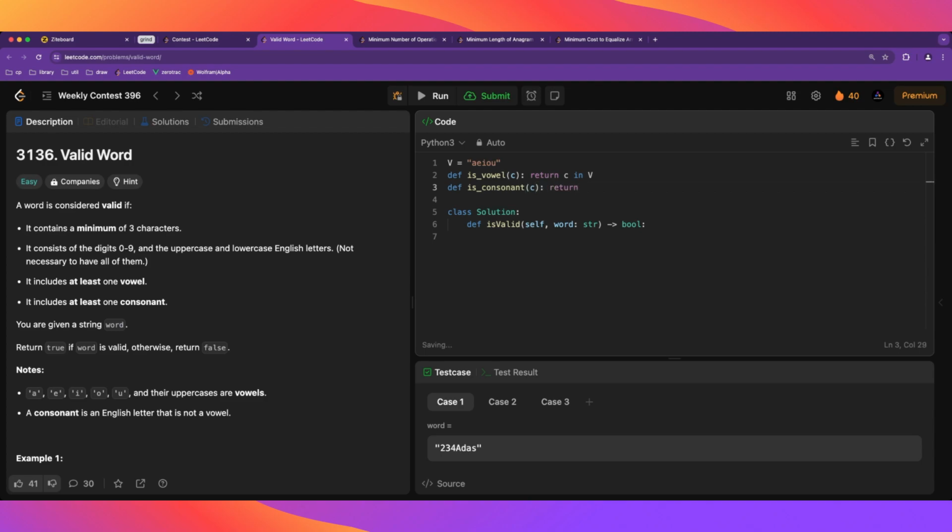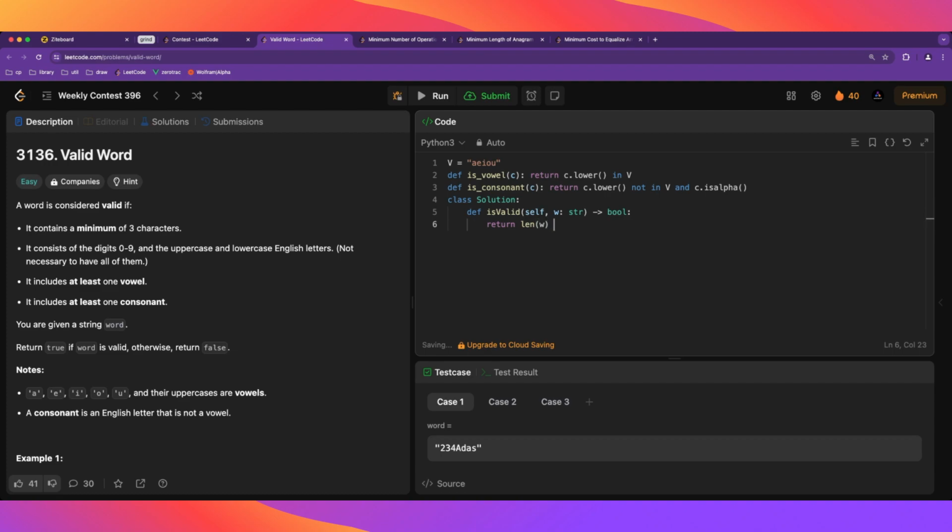Oh, sorry, this should be lower, because we have only the lowercase vowels, and we want a consonant if it is not in the vowels and c is alpha. Okay, and so we just have the conditions here.